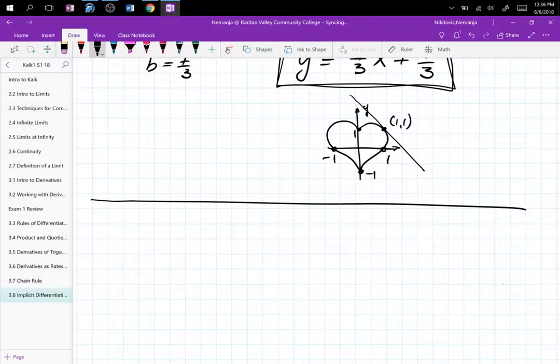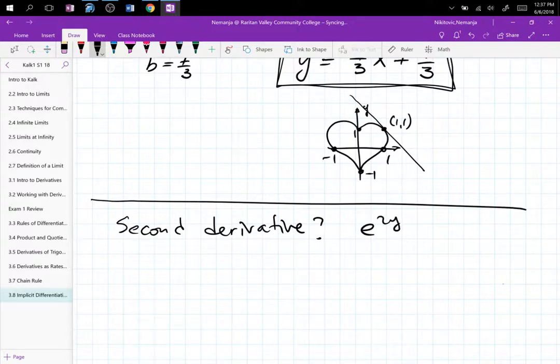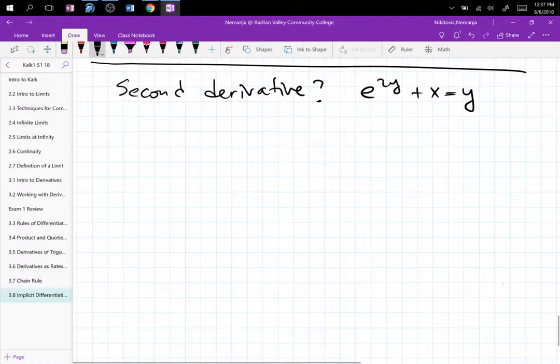We're looking for the second derivative for e to the 2y plus x equals y. It looks decently simple. Let's see what derivatives have to offer.